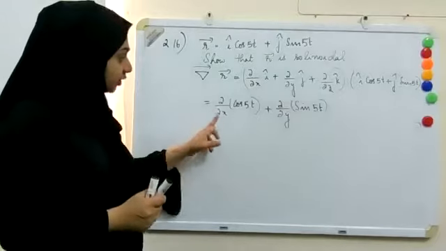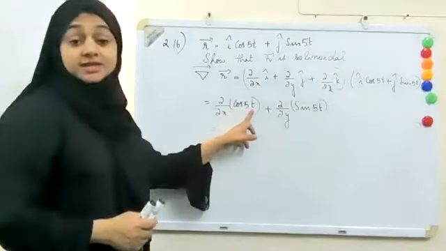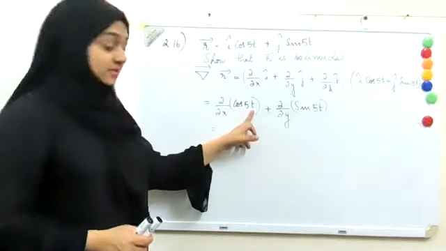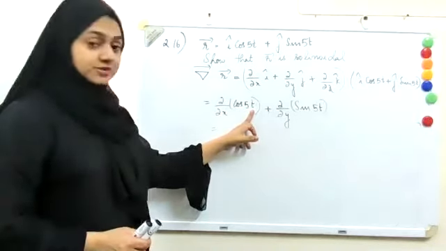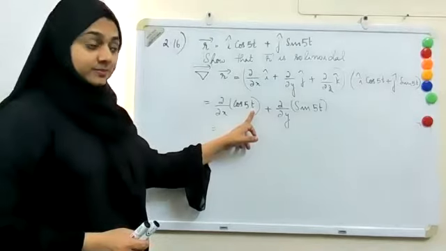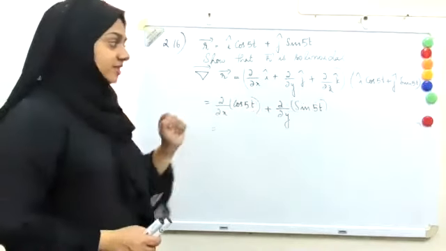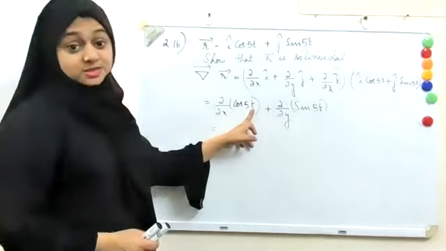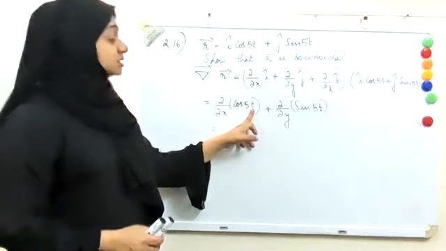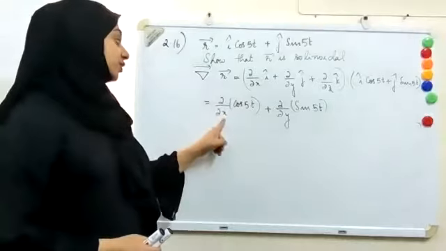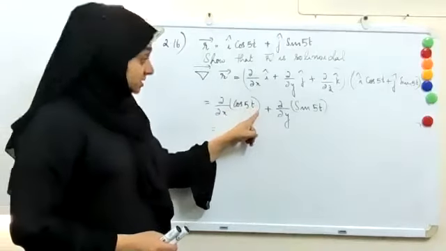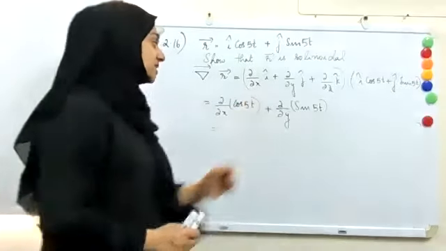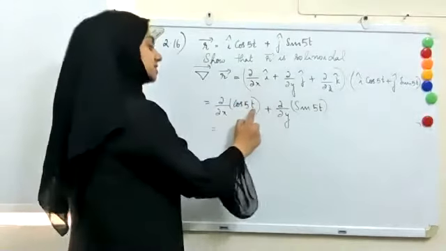Now what will be dou by dou x of cos 5t? Can you tell me? Minus 5 sin 5t. Yeah, if it was x instead of t, you can tell dou by dou x of cos 5x is equal to minus 5 sin 5x. But it's not x, it's t.